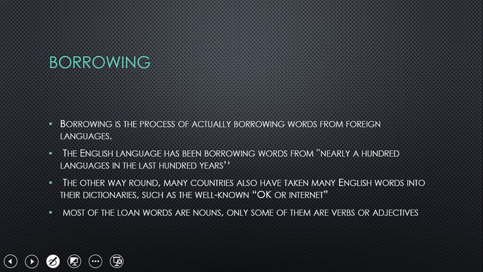So borrowing is that process in which a language borrows a word from other or foreign languages. Whenever we speak in Urdu, as an Urdu speaker, I sometimes use words from different languages. So what is happening here is that I have borrowed those words from other languages.